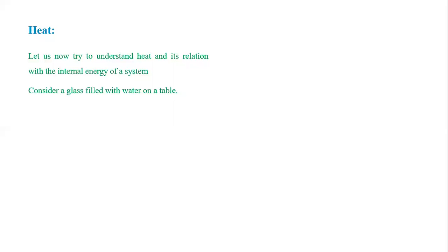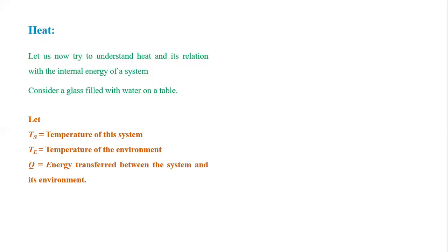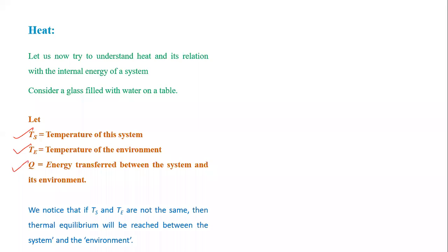Consider a glass filled with water on a table. Now I consider here Ts, the temperature of this system, meaning the temperature of the water basically. Te, the temperature of the environment. Q, the energy transferred between the system and its environment. We notice that if Ts and Te are not the same, then thermal equilibrium will be reached.